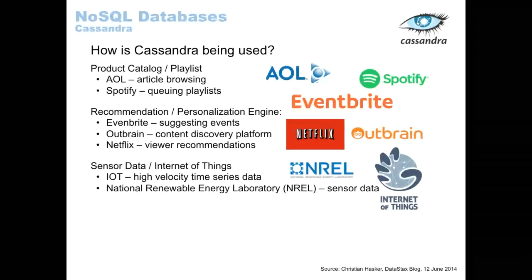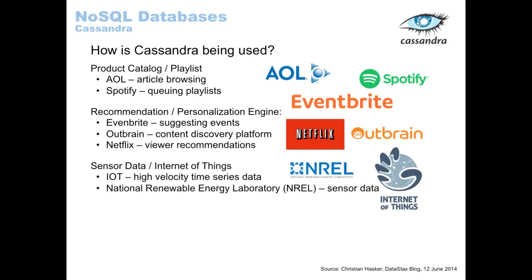Sensor data and the Internet of Things. So the Internet of Things, high velocity time series data is going into Cassandra. NREL, National Renewable Energy Laboratory, where Dave's good friend, Martin Keller, is the director of the laboratory.